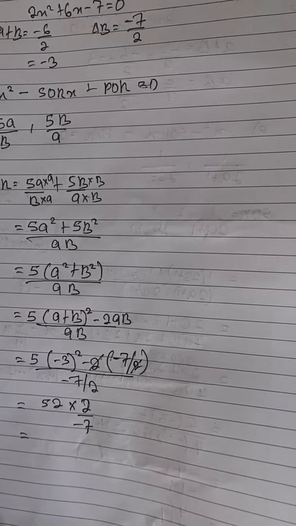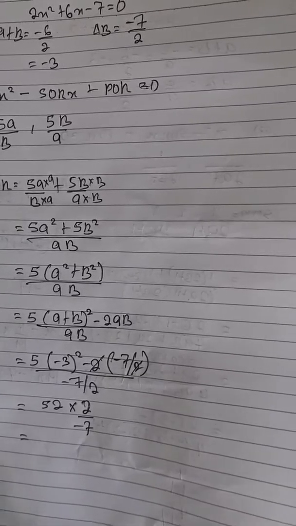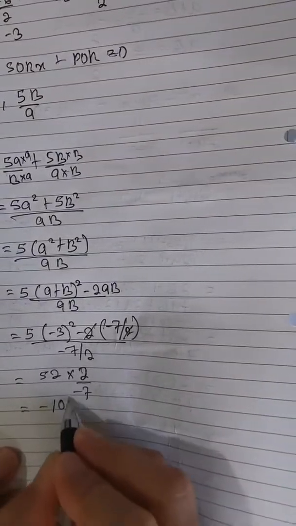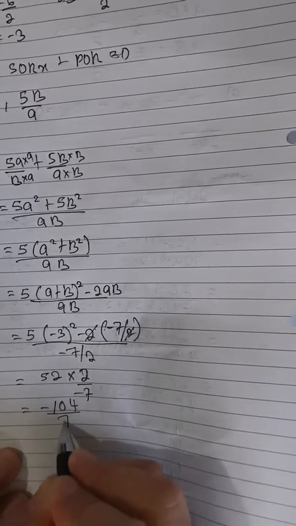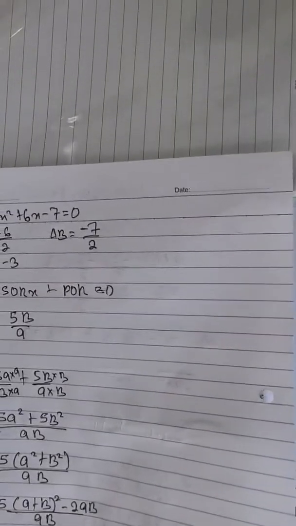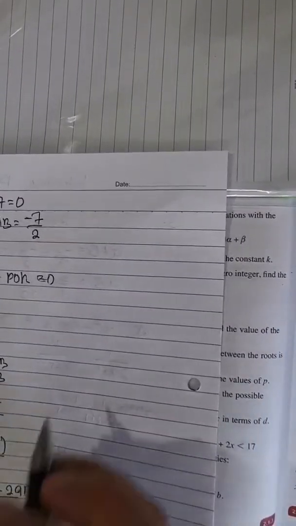So shift ABC will give you negative 104 over 7. Negative 104 over 7, that is our SOR. Then find the POR.